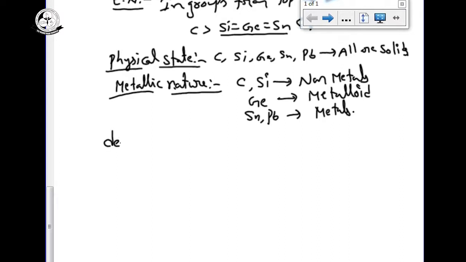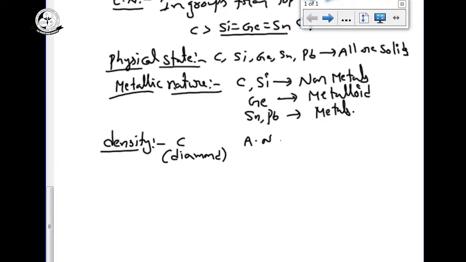Density. The thermally most stable forms of carbon are diamond and graphite. Generally, from top to bottom, as atomic number increases, atomic size increases, and density also increases.